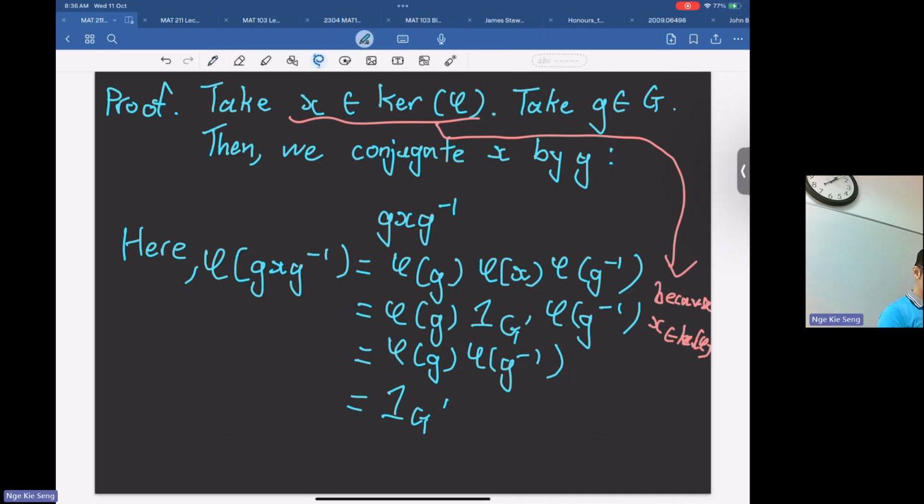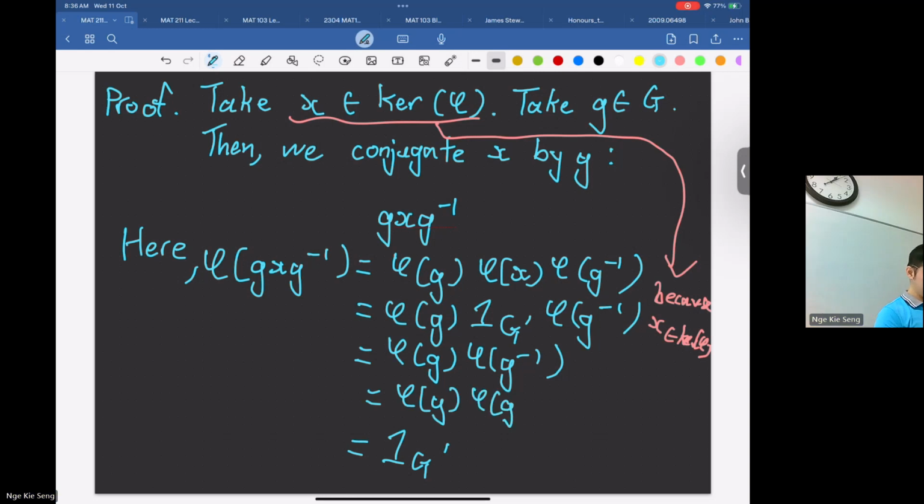So is it clear how to go from there to the end? There are several ways to go about this. One way is to just realize that phi of g inverse is phi of g, bracket, inverse.